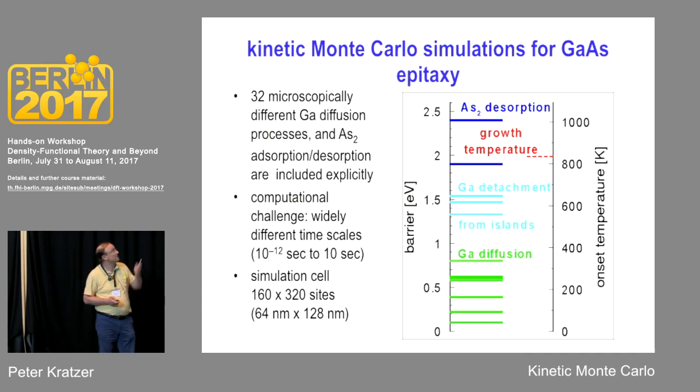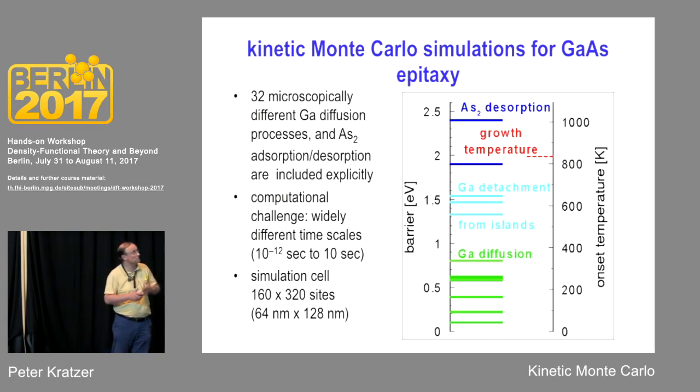So in this simulation I had 32 process types, 32 different processes, and they have quite different barriers. For example, arsenic desorption has a quite high barrier. Gallium diffusion has different barriers depending on the environment. It can be low or high. And all these processes happen at the growth temperature of about 850 Kelvin.